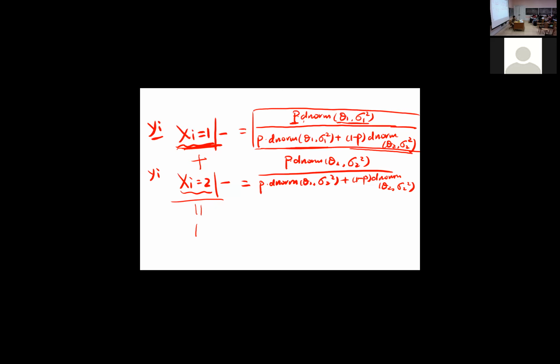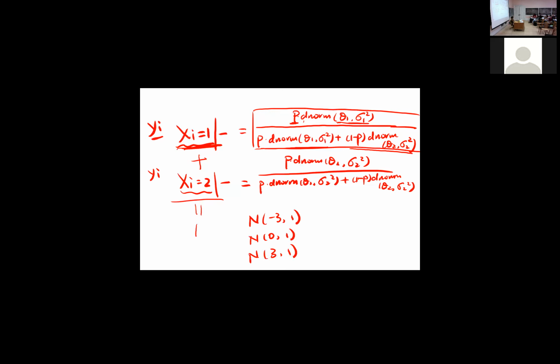A natural question to ask will be, what if we have more components? In the MC diagnostics slides, or the lecture, we were looking at 3 components, if you remember. We're looking at 3 normals: normal minus 3, 1, and then normal 0, 1, and also normal 3, 1, right?